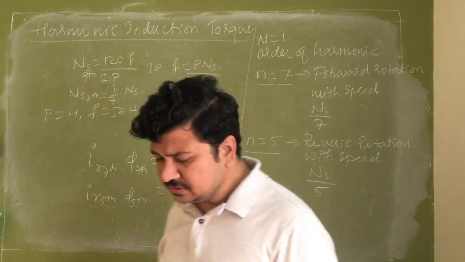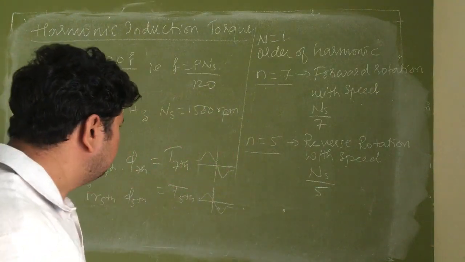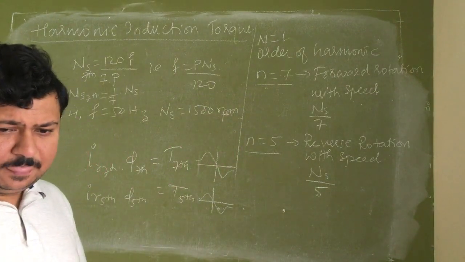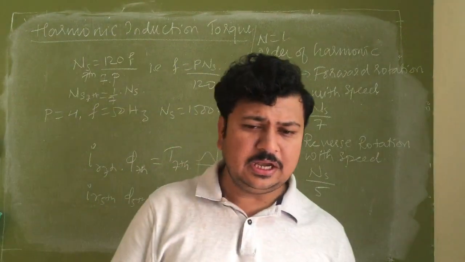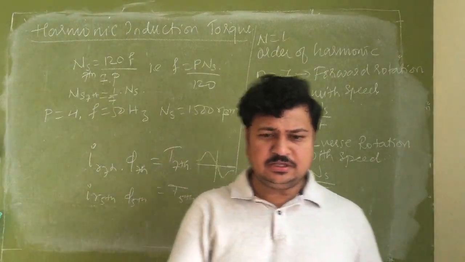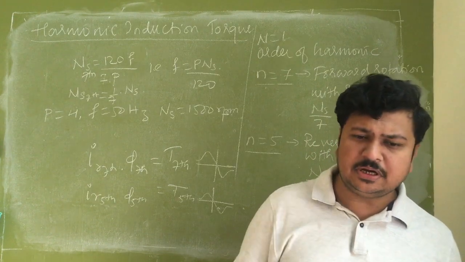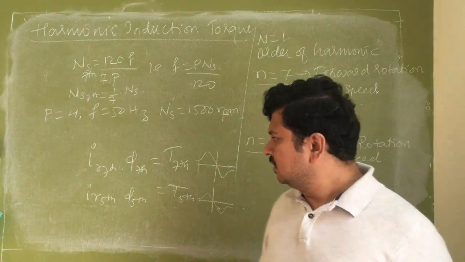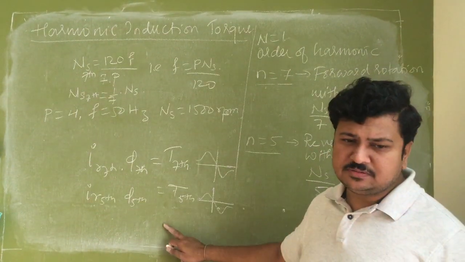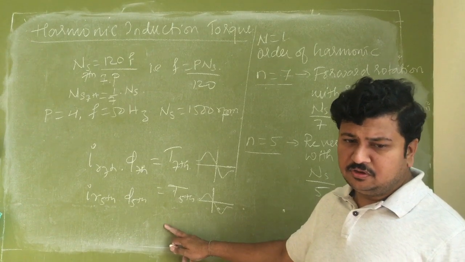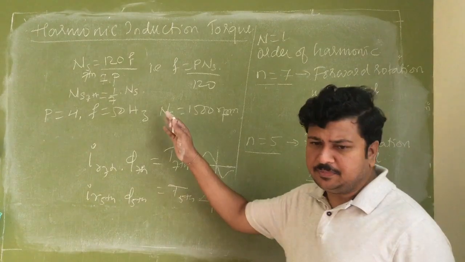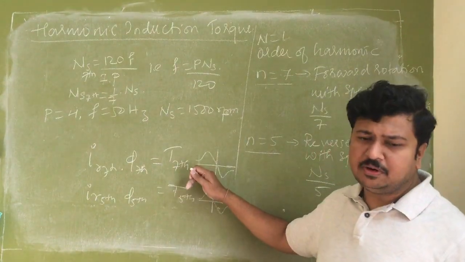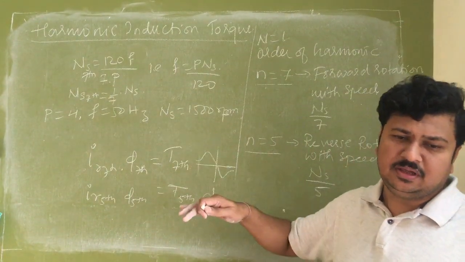Okay. Now, so far we have seen there is a torque produced by the rotor current interacting with the flux, that is the load torque or the main torque or the fundamental torque. Now there are torques produced by the harmonic contents. So we have seen the fundamental torque separately, the 7th harmonic separately, the 5th harmonic separately, but these won't operate separately.